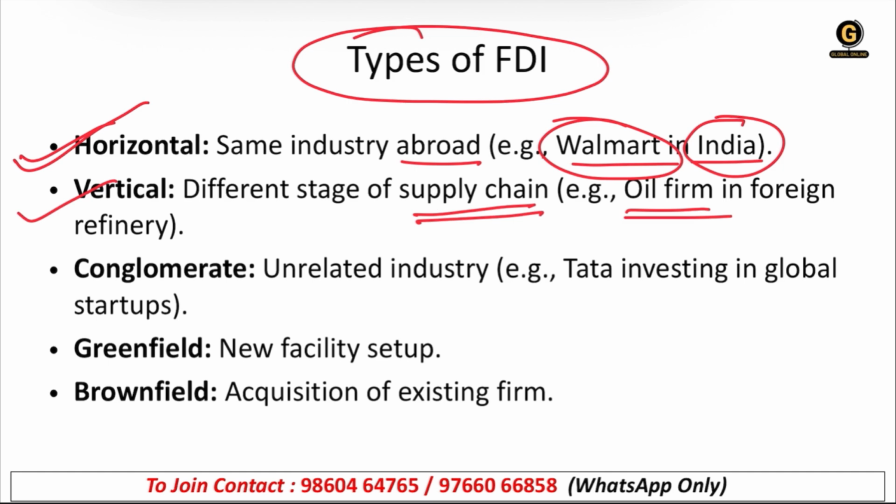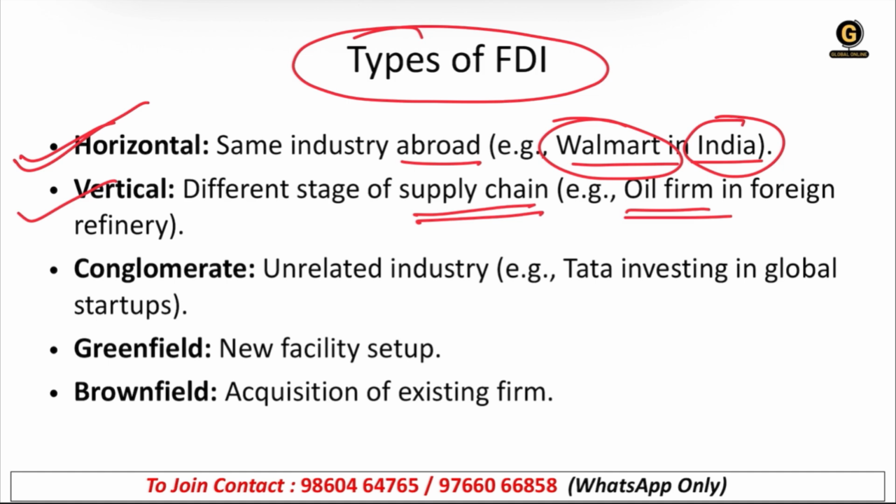Whenever you have raw oil, you need to refine it, and for that reason you need a refinery. So India is buying a refinery, but in the Middle East. That is a different stage of the supply chain in a different country. That is the example: an oil firm with a foreign refinery.